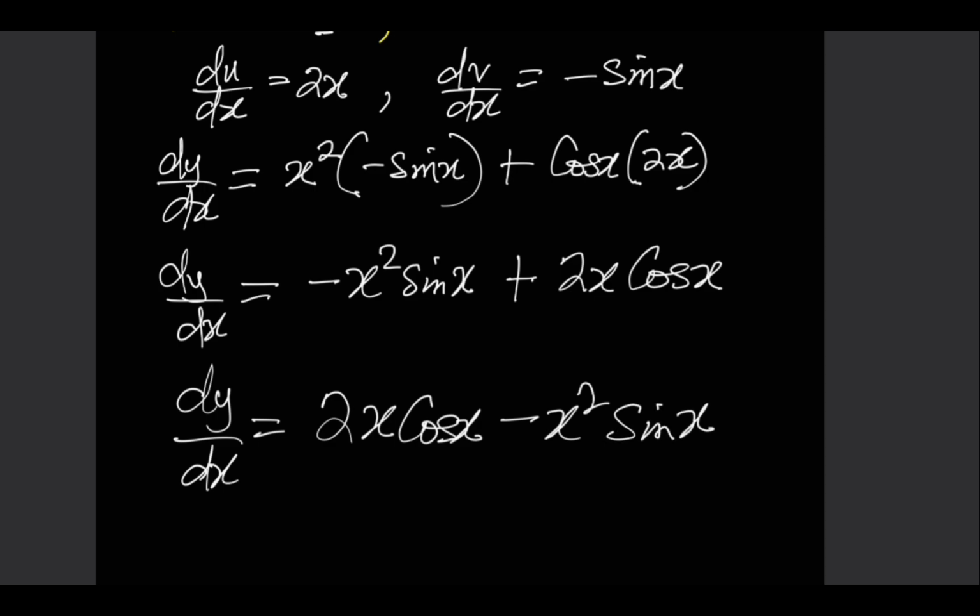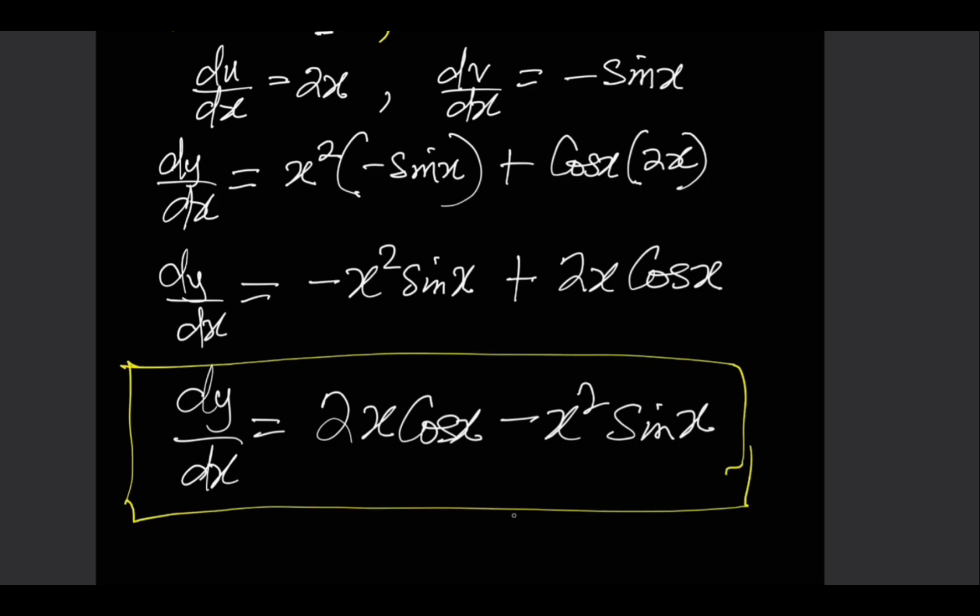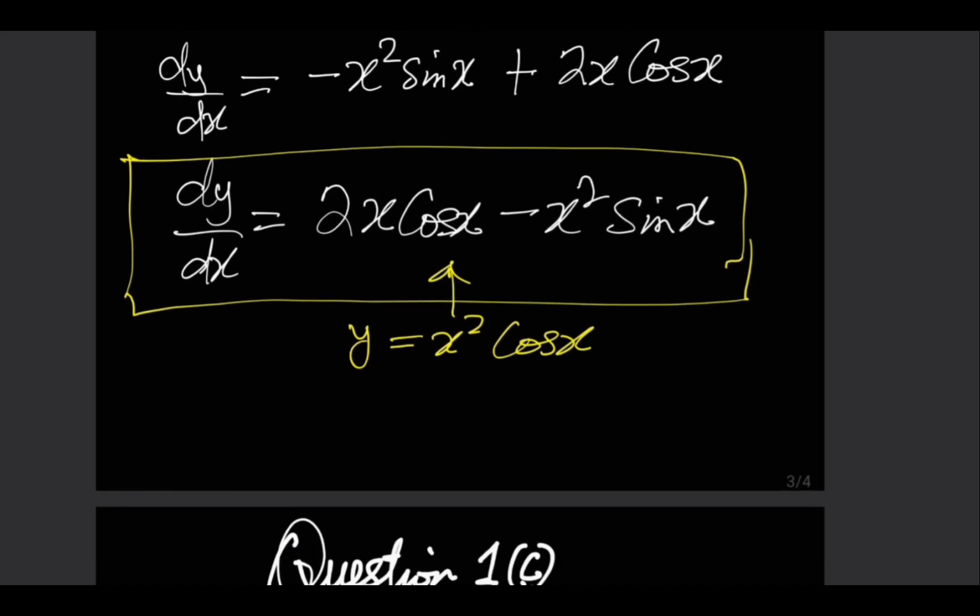Hence our final answer is that the derivative of y with respect to x gives us 2x cosine x minus x squared multiplied by sine x. So the derivative of y equals x squared cosine x gives us this result. Pretty simple, and that takes care of 1b.